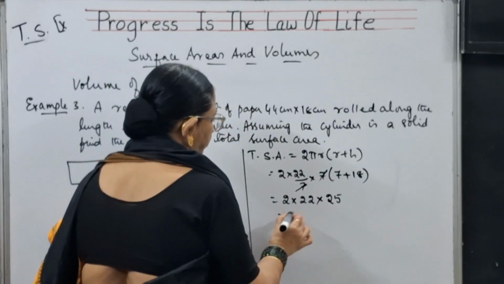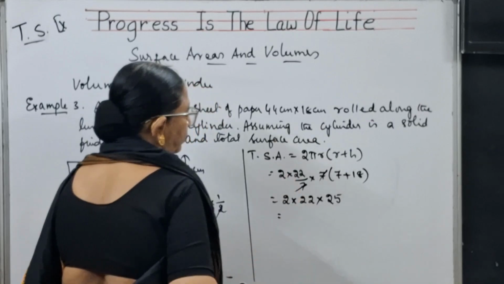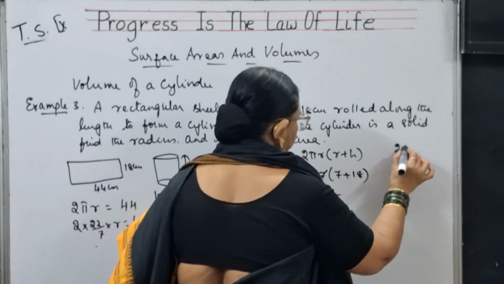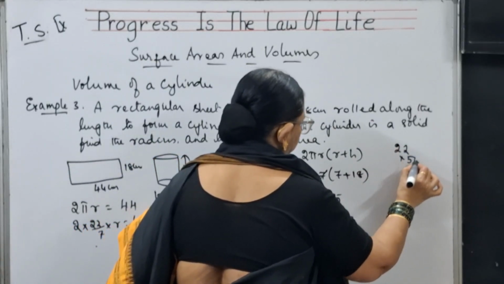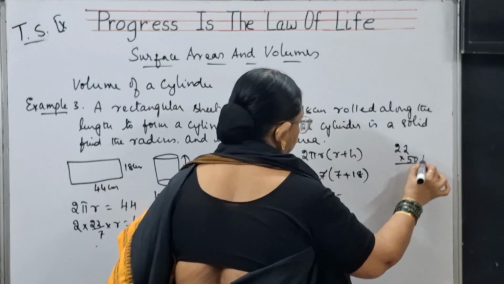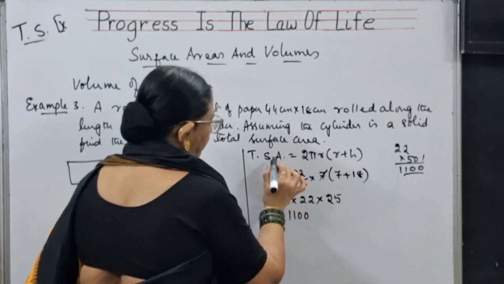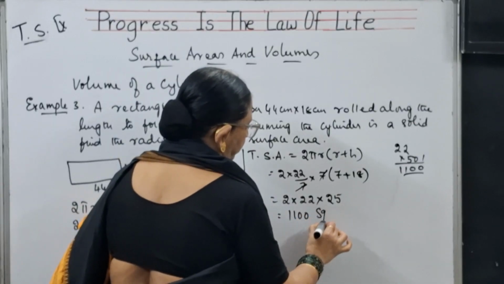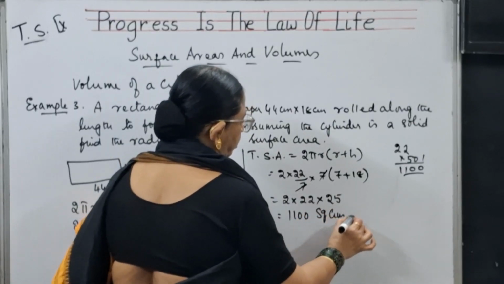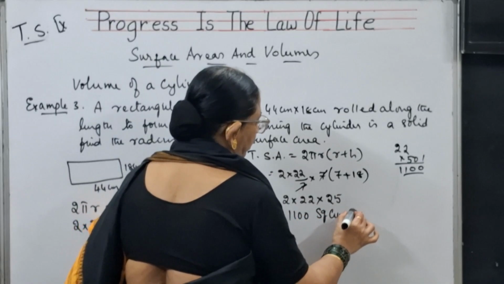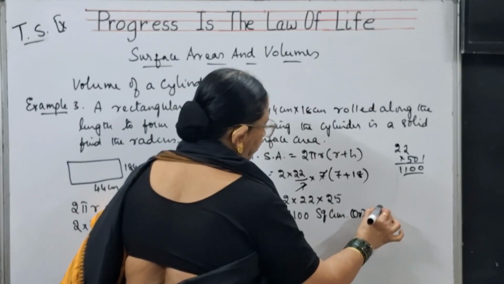So you have to multiply. 25 2s are 50. So 22 into 50, if you do 0, 2 5s are 10, 2 5s are 10, 1, 11. 1100. Since it is area, you will be writing square centimeters, or you can even write it as centimeter square.